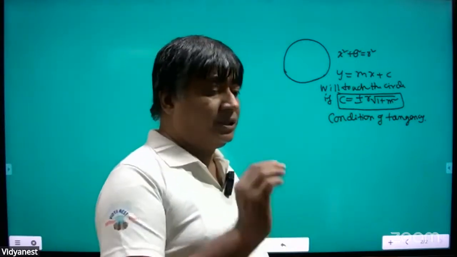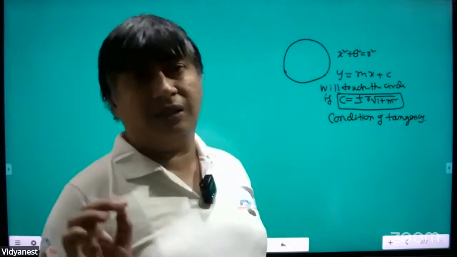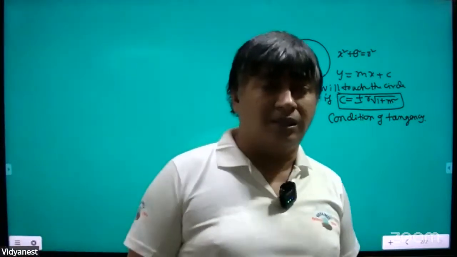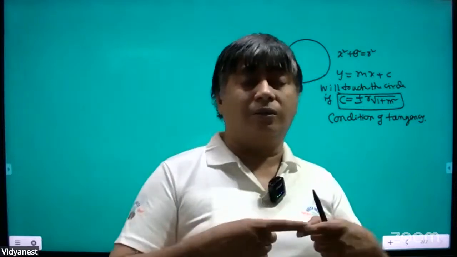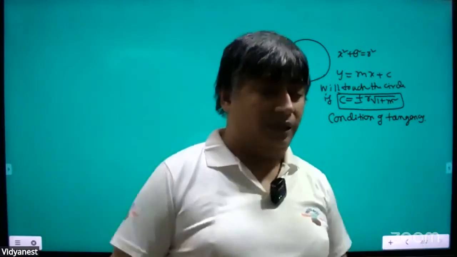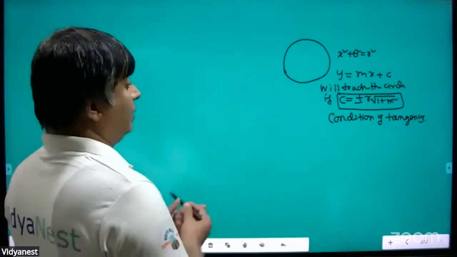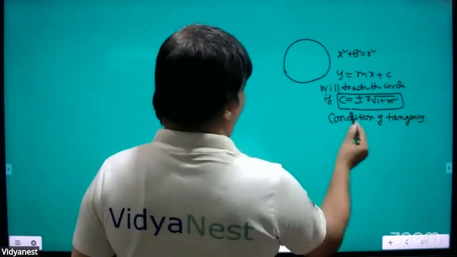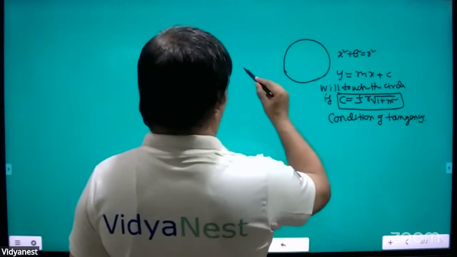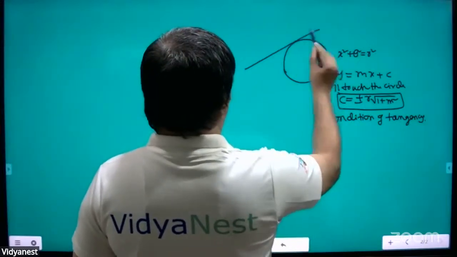जो तुम क्लास 10 में यूक्लिड जियोमेट्री में थ्योरम किया है, from an external point we can draw two tangents to a circle, है कि नहीं? Yes, sir. So that's why this represents the condition of two tangents.